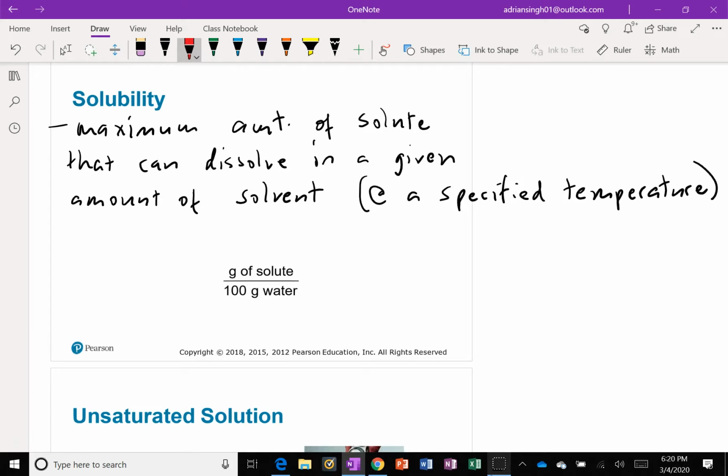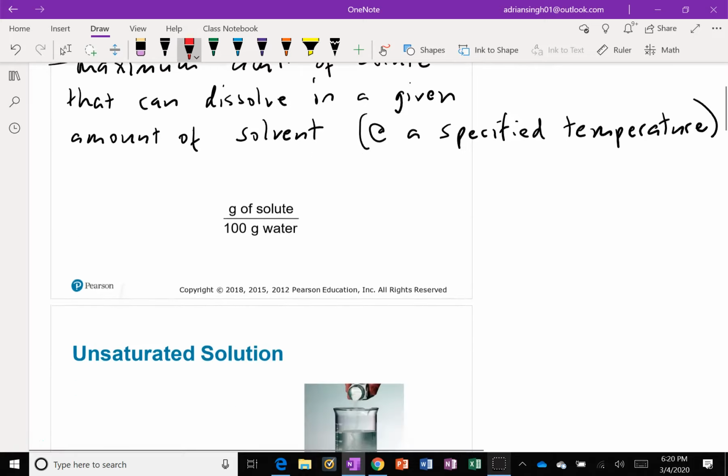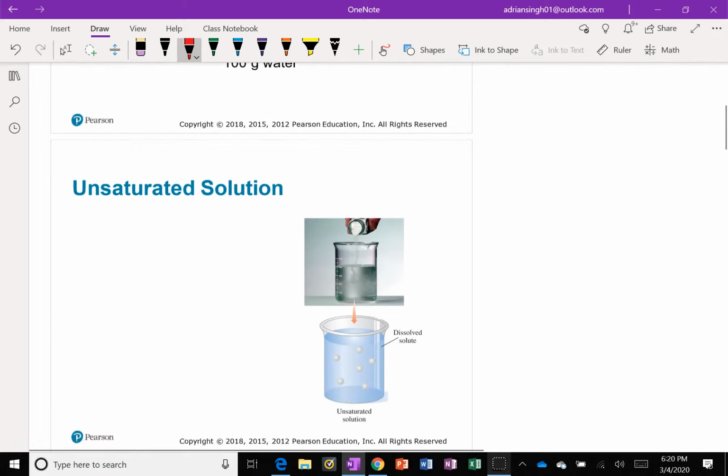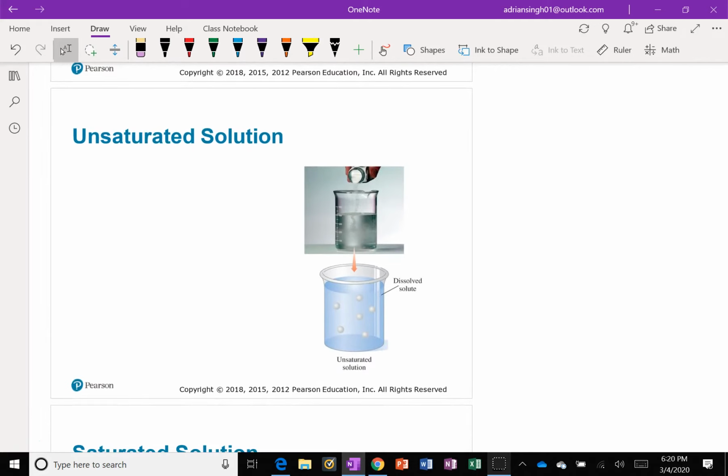So based on how much solute you have in a given solution, we can classify a solution as belonging to one of three categories, either unsaturated, saturated, or in some cases, supersaturated solutions.